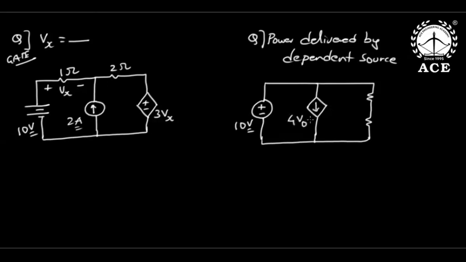Four V naught, arrow downside, 2 ohm, and this is V naught. Chalo. Power delivered by the dependent source.